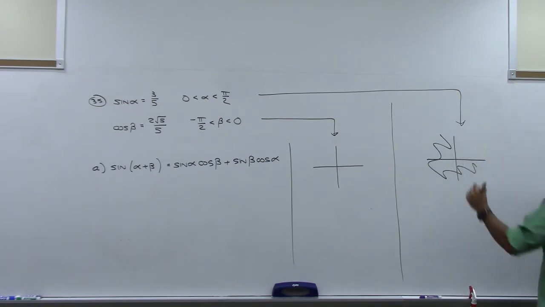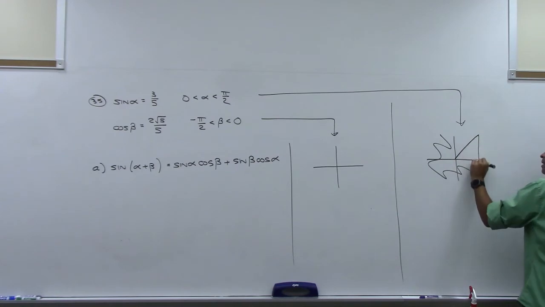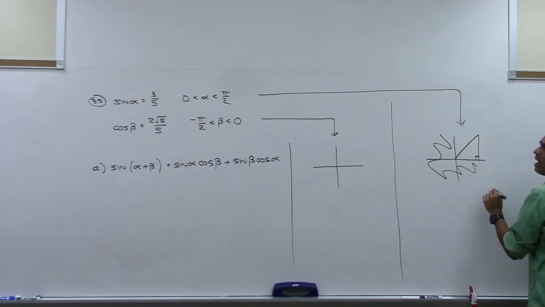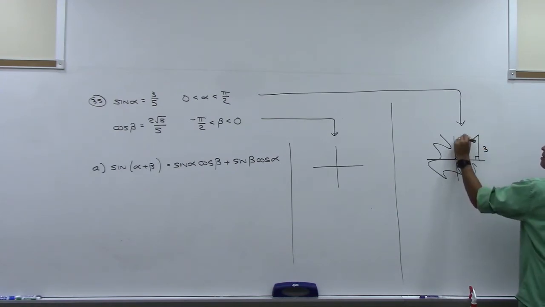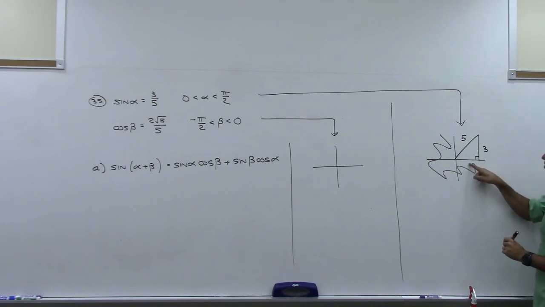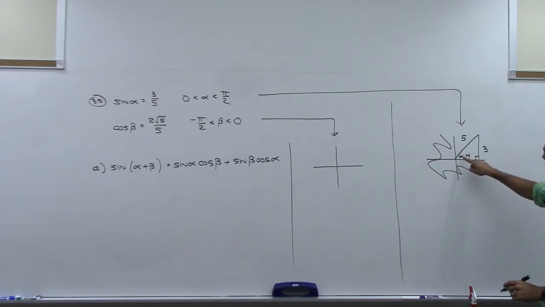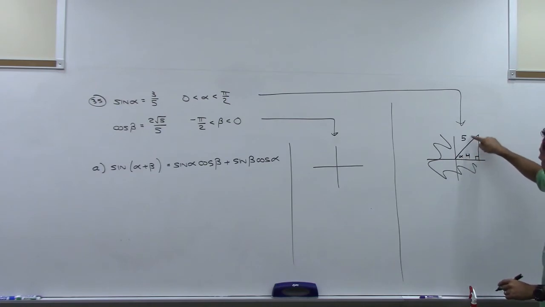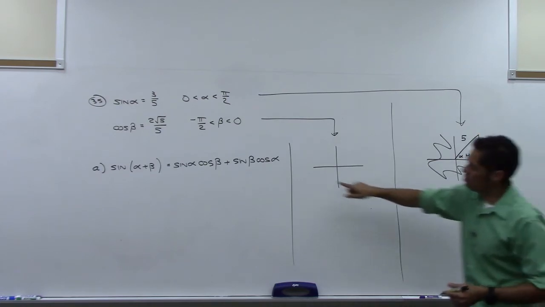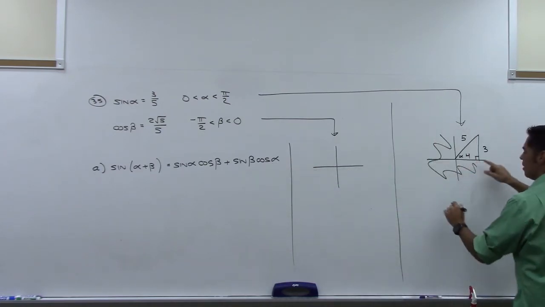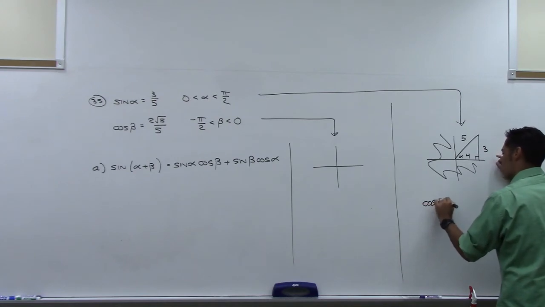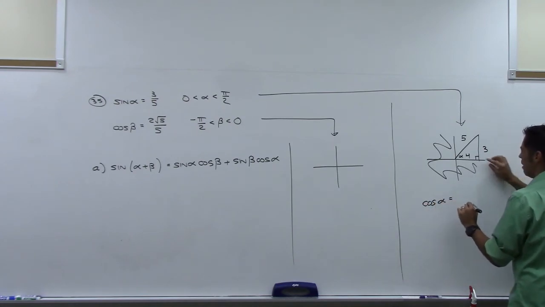If I draw a little reference triangle like this, I know that sine is the opposite over the hypotenuse. And then I can solve for this side with the Pythagorean theorem, a squared plus b squared is c squared, and I would get that this is 4. And my angle here is alpha. So you can see that sine of alpha is this over this. We needed to know what cosine of alpha was. So let me just from this picture write cosine of alpha is 4 over 5.